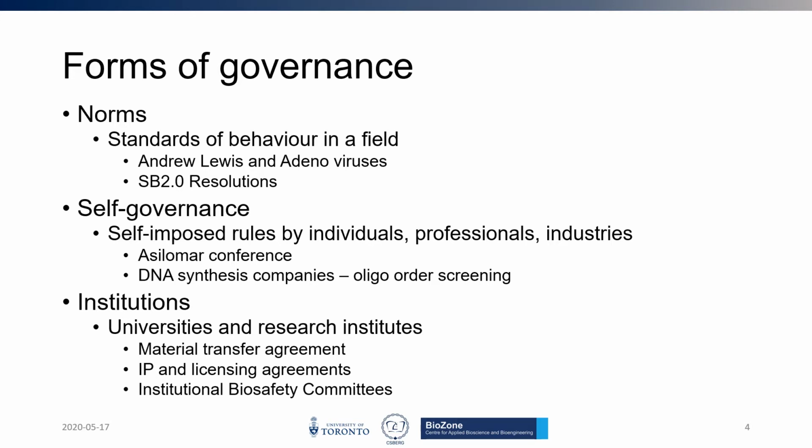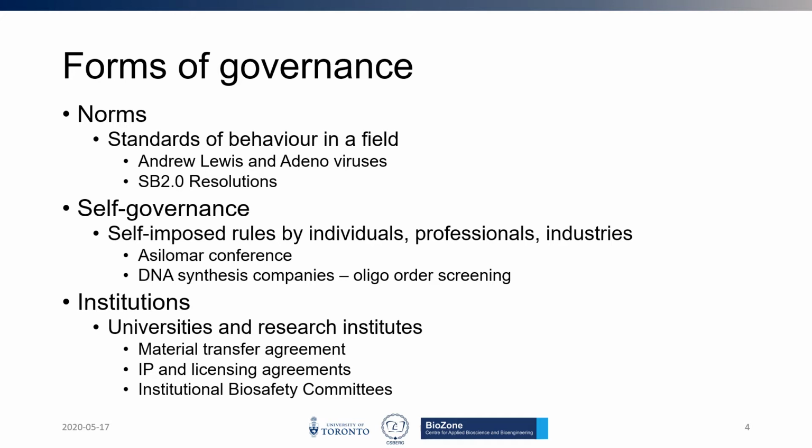Among the examples in synthetic biology, the very first one was by someone called Andrew Lewis, who had developed a hybrid form of adenoviruses that could potentially integrate foreign DNA and could have the possibility of transfecting that into eukaryotic cells.